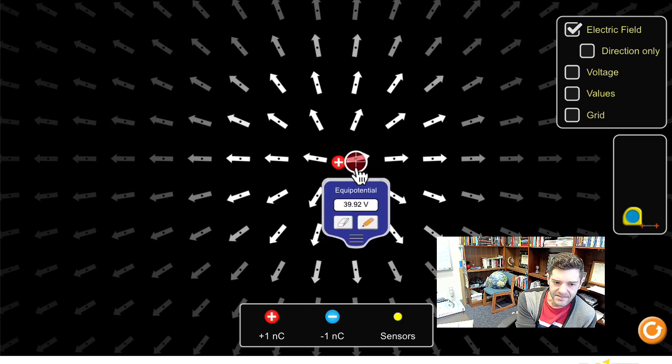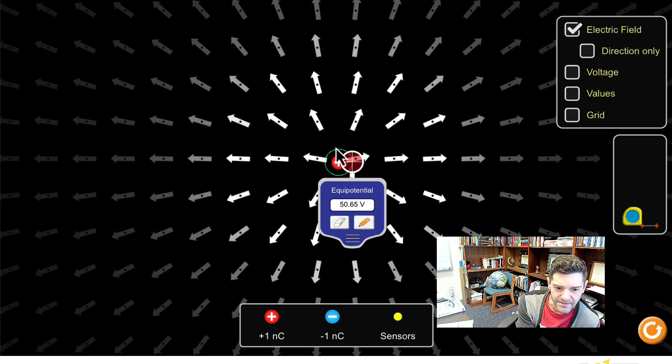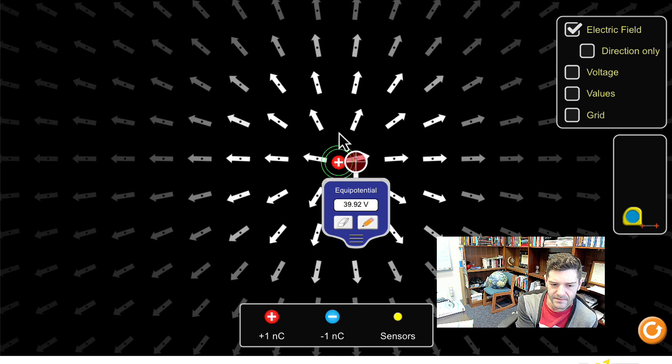But maybe I want to map the equipotential contours starting at 50, close enough, right? Maybe there's 50, then I want to go down by 10. So then I want to find 40, close enough. And I want to find 30, close enough.